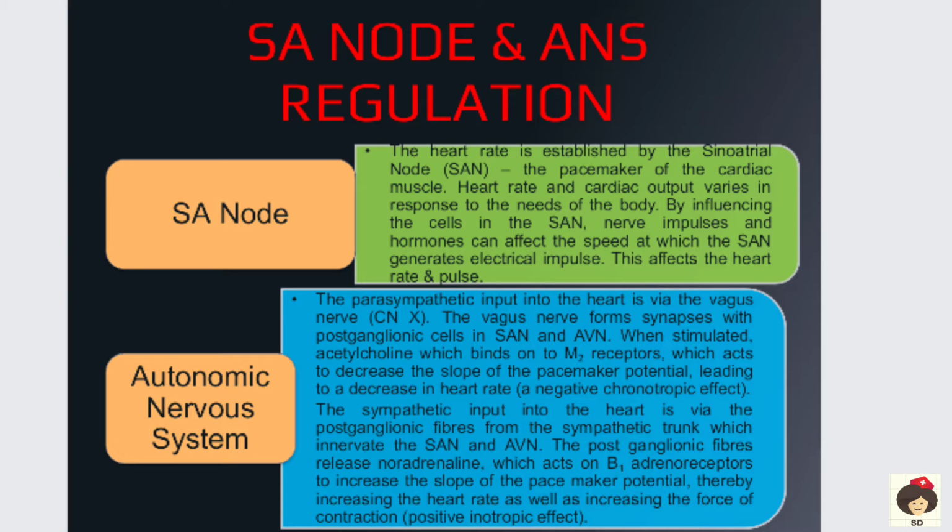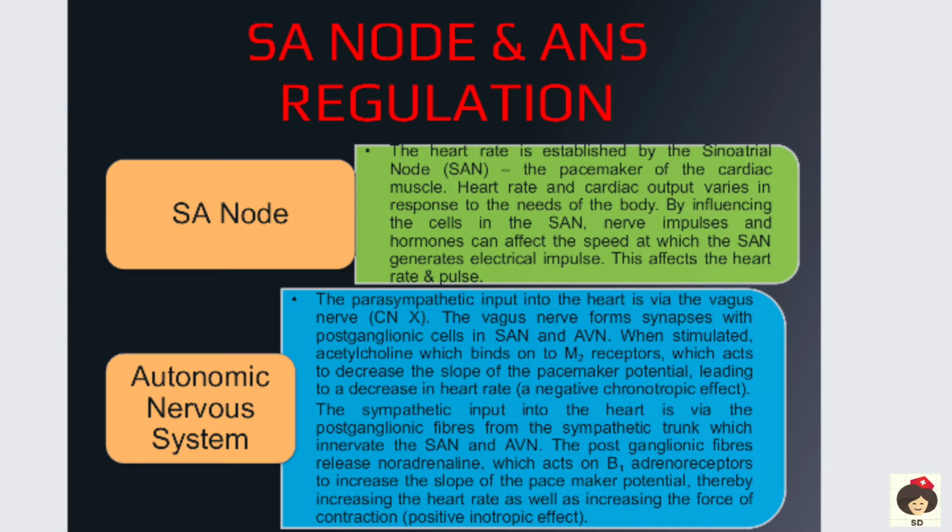On the other hand, when the sympathetic nervous system is triggered, in the same way, via the postganglionic fibers from the sympathetic trunk. Sympathetic trunk is nothing but the group of nerves supplied from the sympathetic nerves, which innervate, that is, they produce nerve supply to the sinoauricular node and the atrioventricular node.